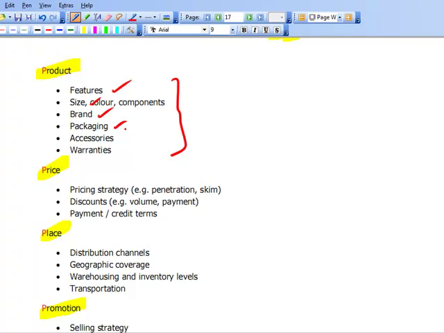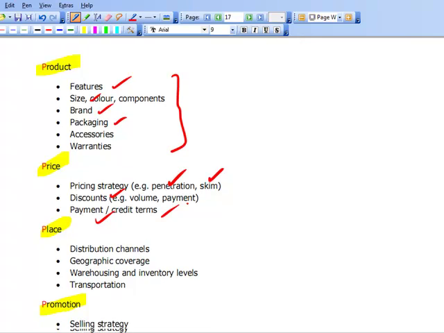Price. We have to think about what price we're going to charge. So the strategy. Is it price skimming, where we try to skim off the top price? Penetration pricing, when we try to penetrate the market by having low prices? What discounts can we offer? What are the payment terms, credit terms?